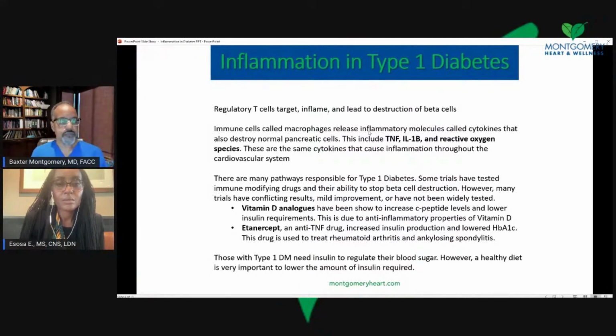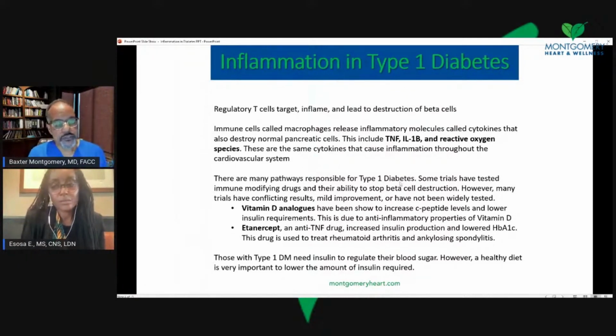They call in more inflammatory cells, such as TNF alpha, IL-1 beta, and reactive oxygen species. These are free radicals here. These are cytokine-like molecules, and they cause inflammation. It's a cascade of events, like an alarm that goes off and more fire trucks are called to the fire scene. Despite how big or small the fire is, you get an overwhelming response.